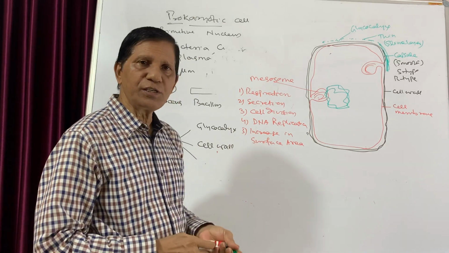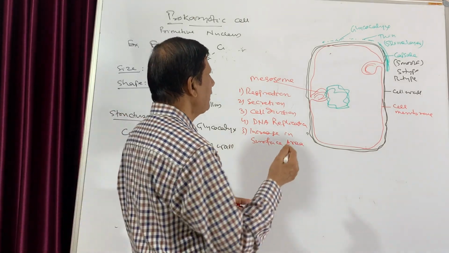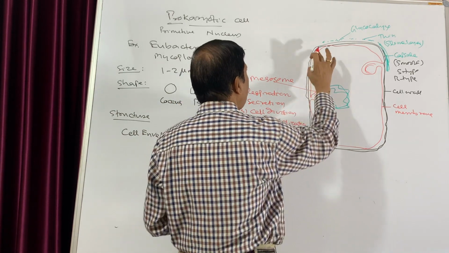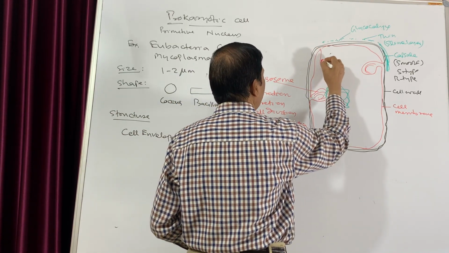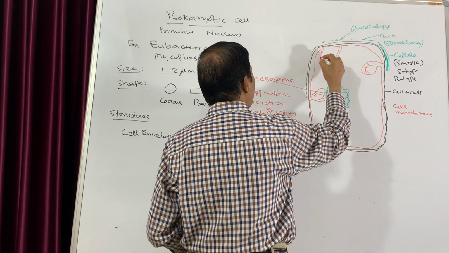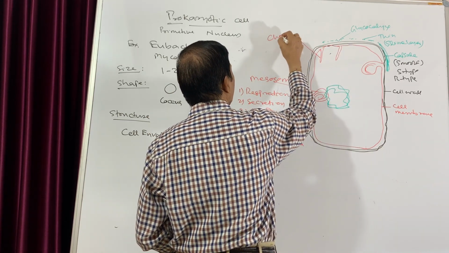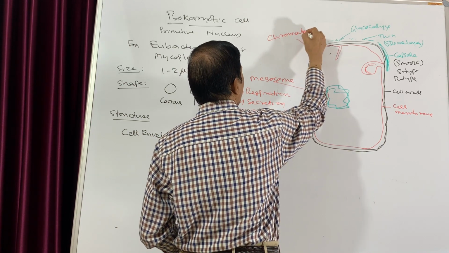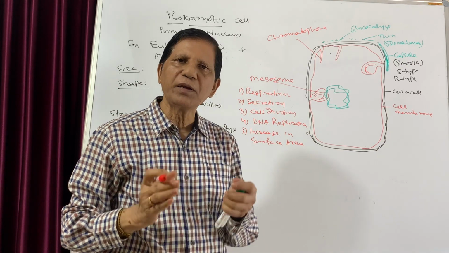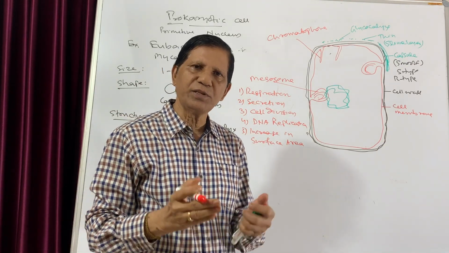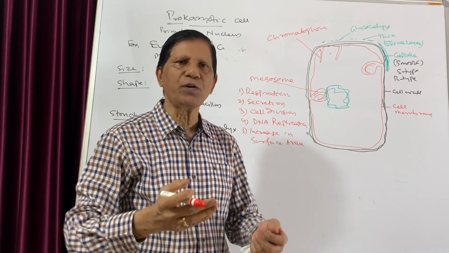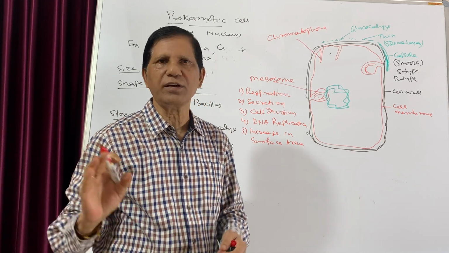In addition to the mesosome, sometimes from the cell membrane there are some other foldings like this. These are known as chromatophores, and they contain the photosynthetic pigments in cyanobacteria and purple and green bacteria which carry out photosynthesis, but they are not present in other cases.